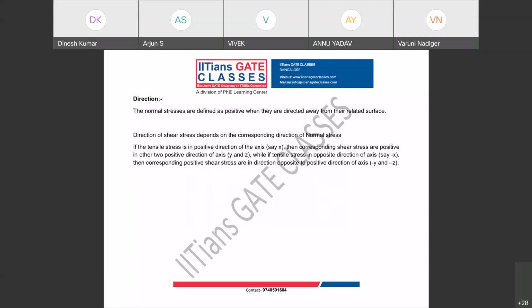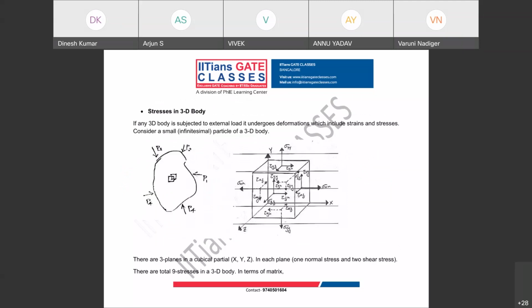So this is what we discussed about the sign part. Can you guys see this? Yes, sir. So this is your three-dimensional stress system, and you can see where I have drawn all the stress components according to the sign convention we have discussed. Does anyone have any doubt in this?